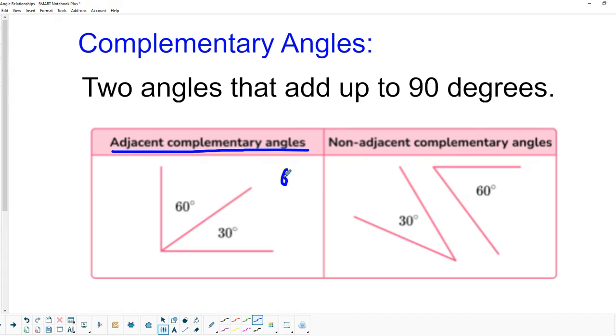So 60 plus 30 is 90 degrees. So that's how we know that they are complementary. Now we have a couple of angles over here that are not adjacent, but they still add up to 90 degrees, so they would be non-adjacent complementary angles.